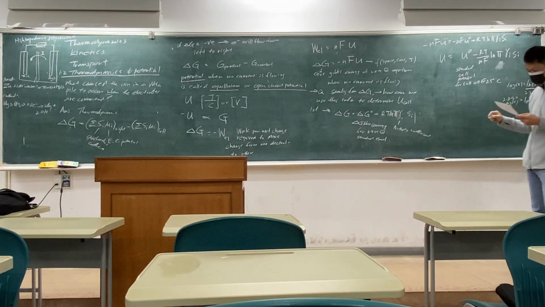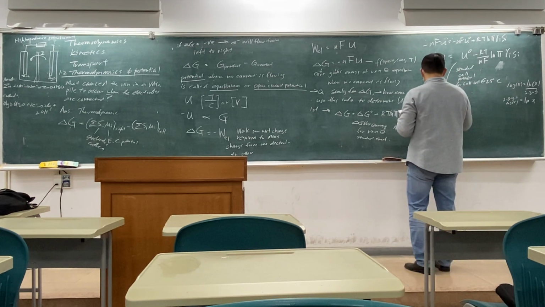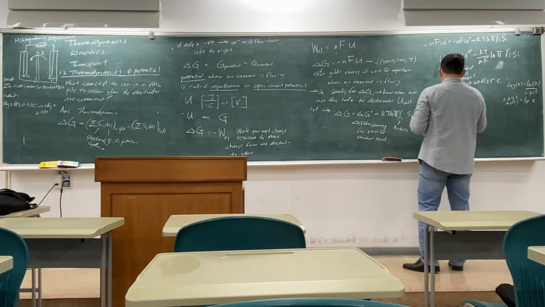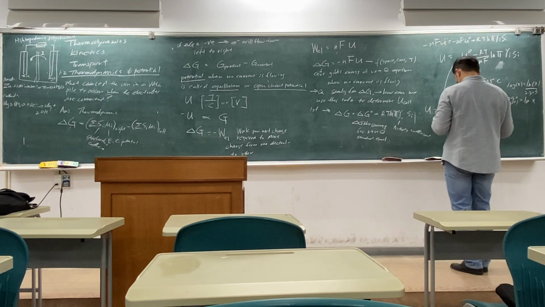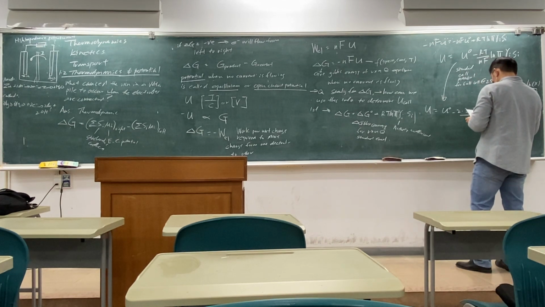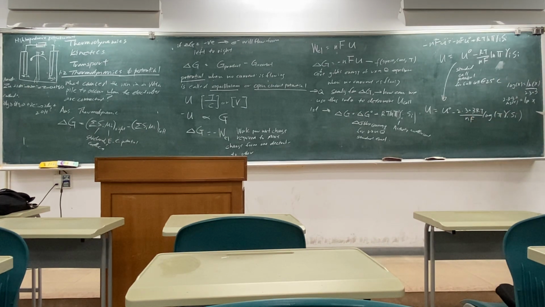So we can write that as U is equal to U naught minus 2.303 RT over n log of pi gamma i to the power s i. Okay? So this is the Nernst equation.